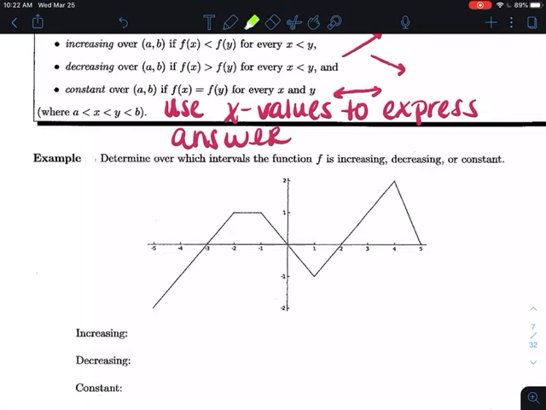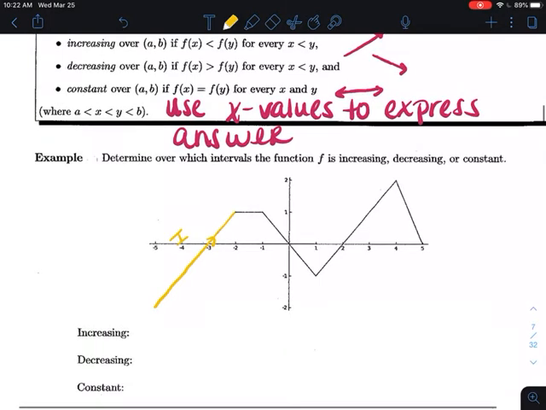So I'm just going to go through the whole graph and label what's going on. Here from left to right, I'm going uphill. So from here to here, this is increasing. This piece here in the middle, from here to here, is constant.